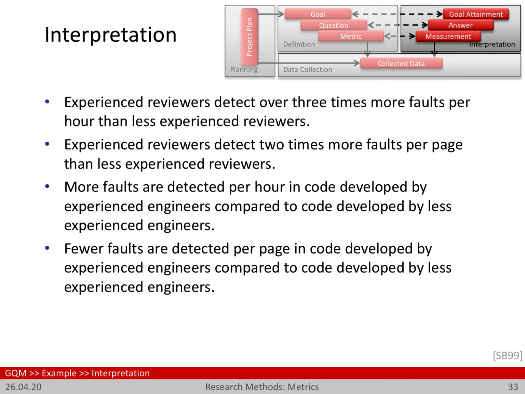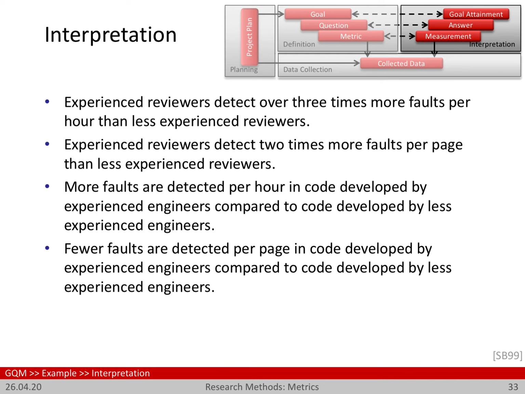More faults are detected per hour in code developed by experienced engineers compared to code developed by less experienced engineers. With the given data, we cannot say whether it is because there really are more faults in the code of experienced engineers, or whether there is another explanation. Fewer faults are detected per page in code developed by experienced engineers compared to code developed by less experienced engineers.